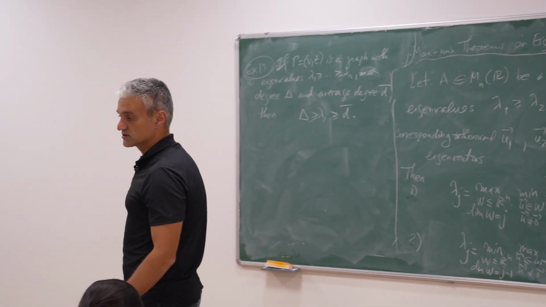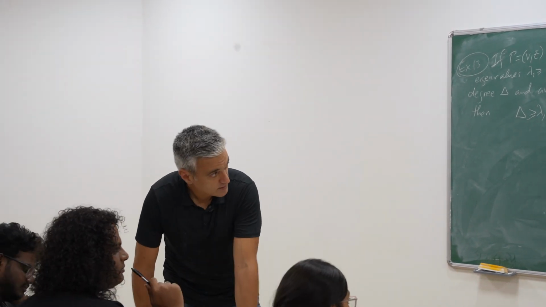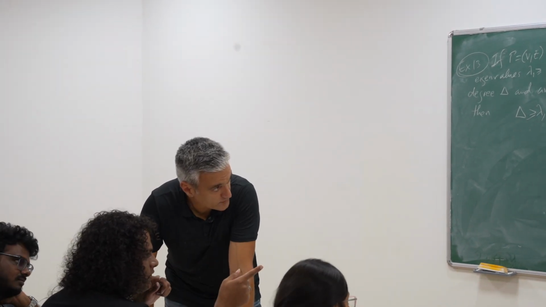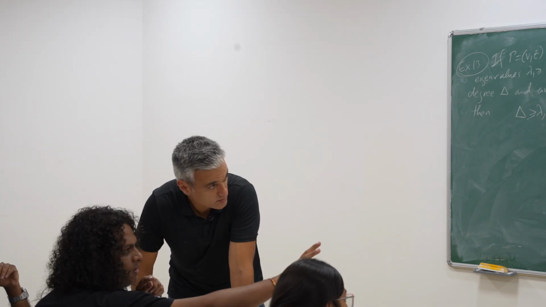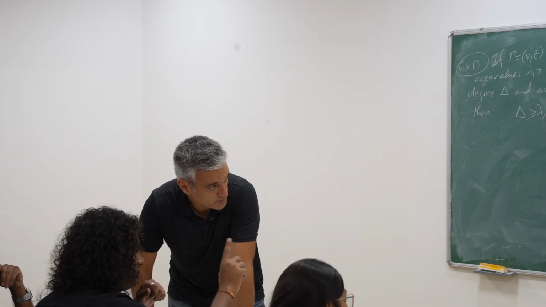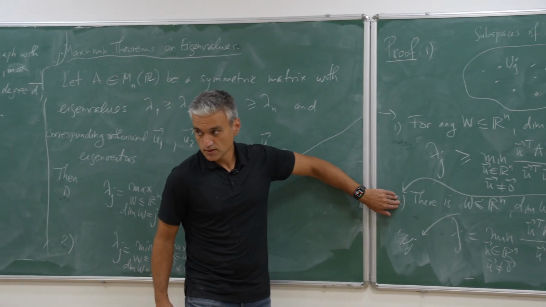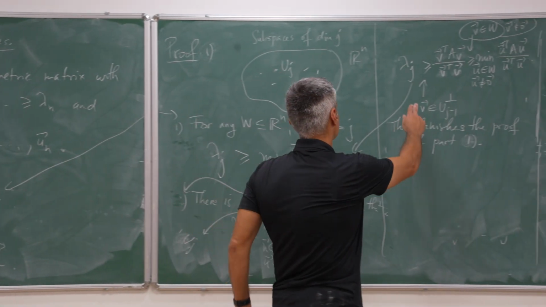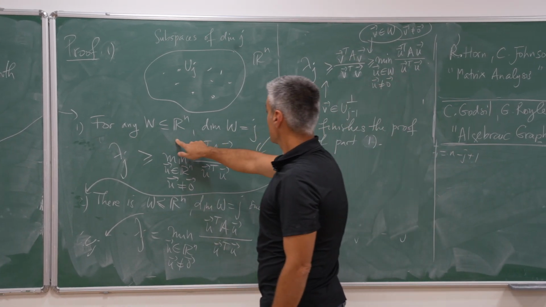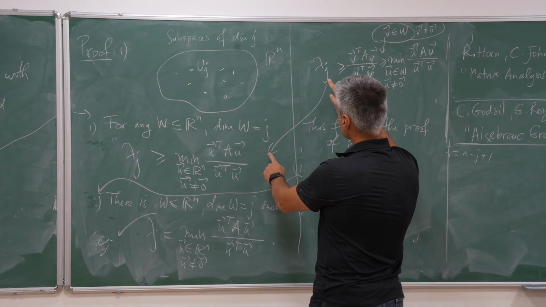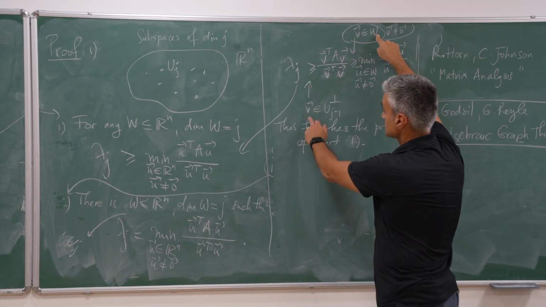Do you guys have questions? The last step of the inequality? Yeah, we are trying to prove there exists some subspace, some vector. First, number one. So you have this W which is here and it's also here.